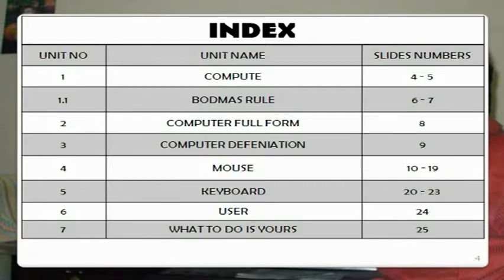Computer definition, 3rd unit, 9th slide. 4th unit mouse, slides 10 to 19. Keyboard unit 5, slides 22, 23. User unit 6, 24th slide. And the 7th unit, what to do is yours, is in the 25th slide.